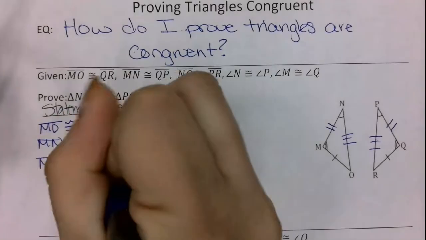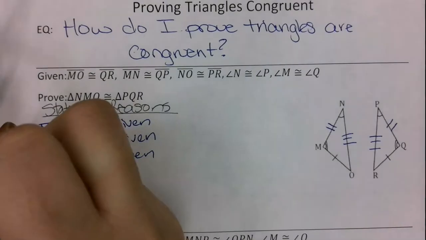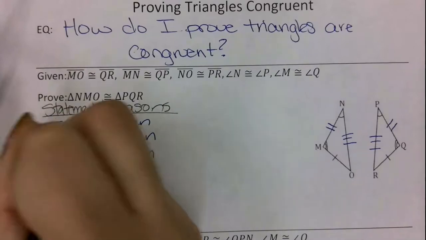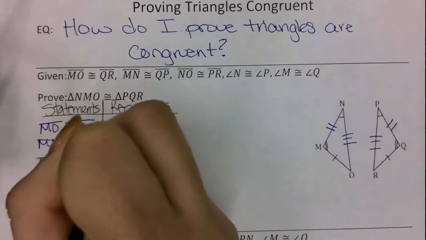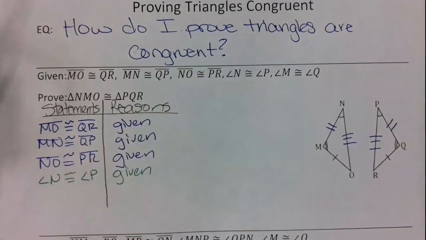And that was given. Those were all my sides. What kind of angles were given to me? So I have angle N is congruent to angle P. That was given. What else was given to me?